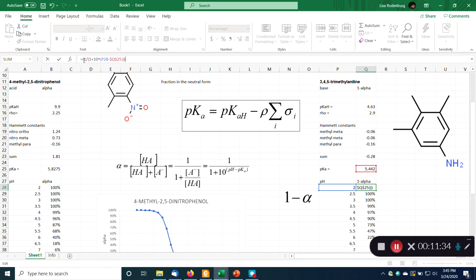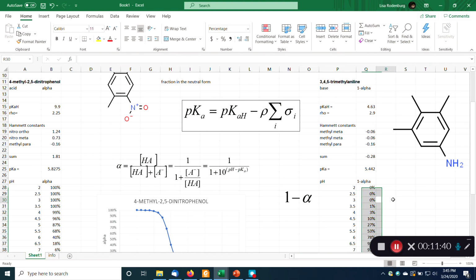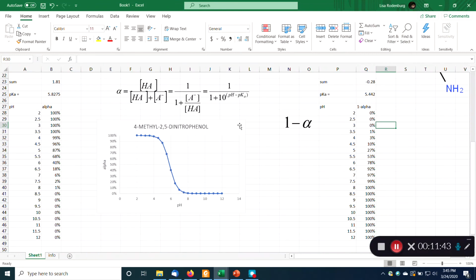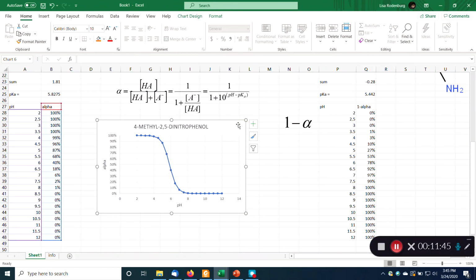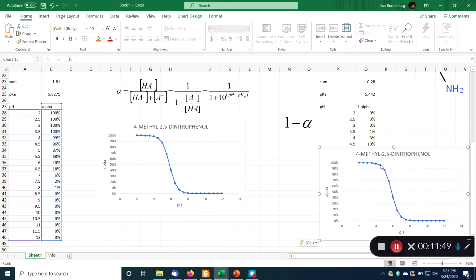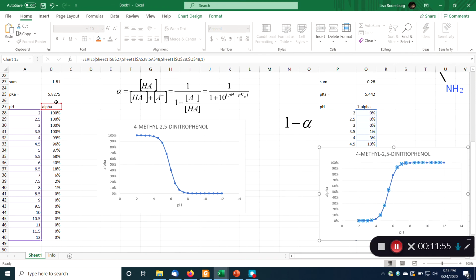And then we'll do 1 minus this. Double click, copy it down. Okay, and then we're just going to do the same kind of thing, and I'm just going to be really lazy here, and I'm just going to Control-C to copy, Control-V to paste, and then I'm going to drag this over here. So now we're plotting 1 minus alpha.